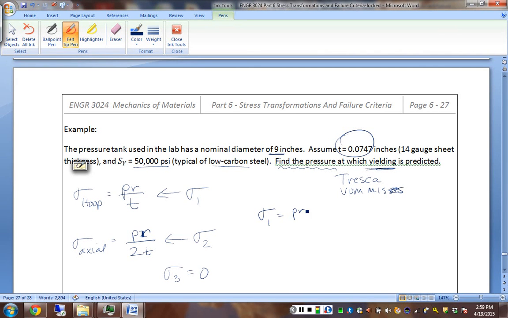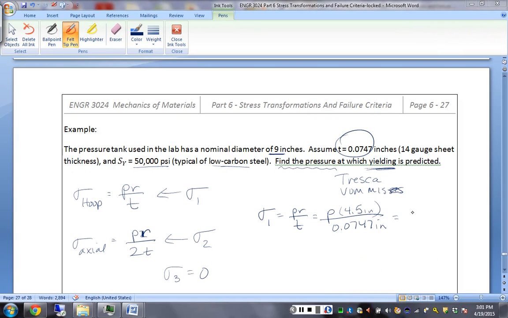Our first principal stress is the pressure, our unknown that we're trying to solve for, times the radius, 4.5 inches, over the thickness, 0.0747, and that ends up being 60.2 P. Sigma 2 is PR over 2T.